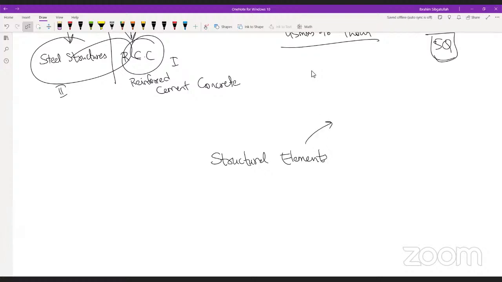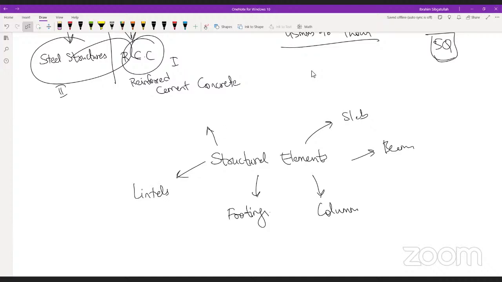So I just told you about slab, beams, columns, footings, lintels, staircase.